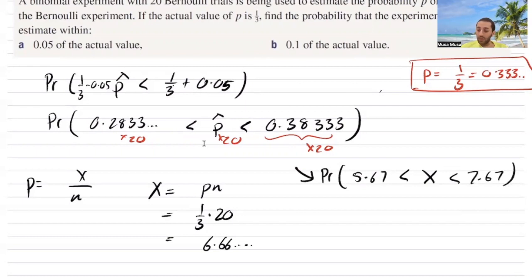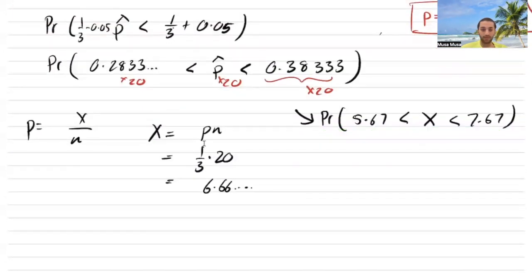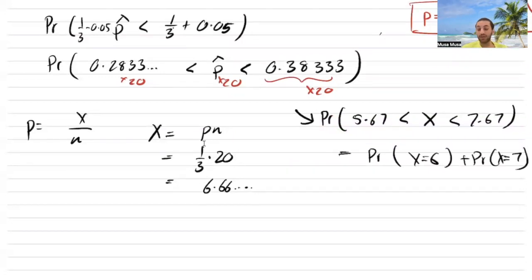So the way we would calculate these sorts of proportions is by having X values of 5.67 and 7.67. So if I'm saying X has to be between these, what are the possible X values? It seems like this is just probability that X equals 6 plus probability that X equals 7, because those are going to give you sample proportions that lie between these two, which in turn lie between these two.